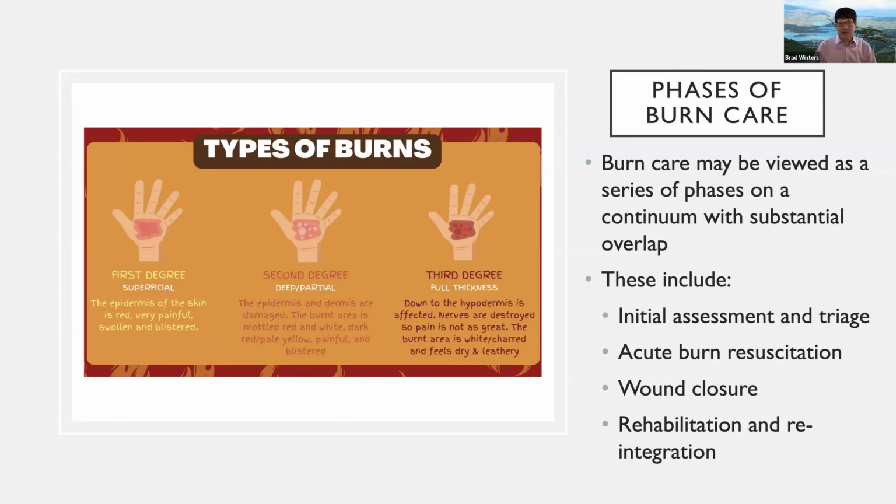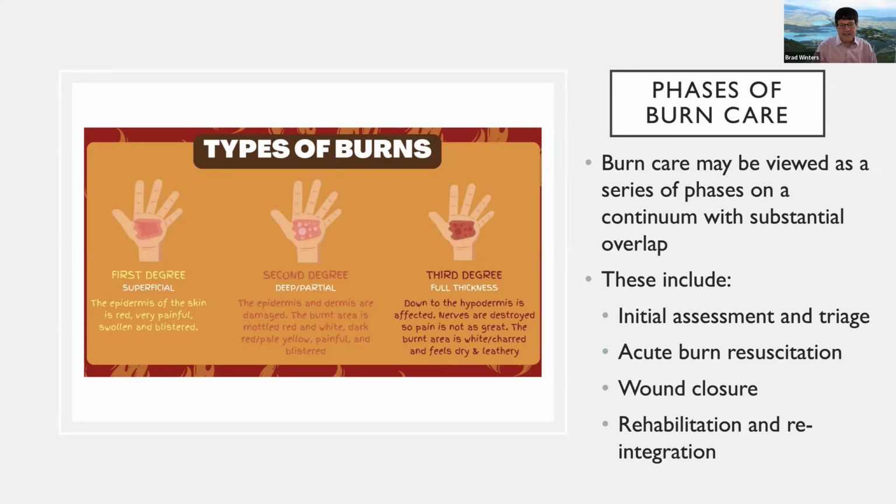This can become a very challenging process when we have very extensive burns. People who have burns over 75% of their body often do not have a lot of skin to work with for wound closure. And that's when we turn to a lot of artificial materials.